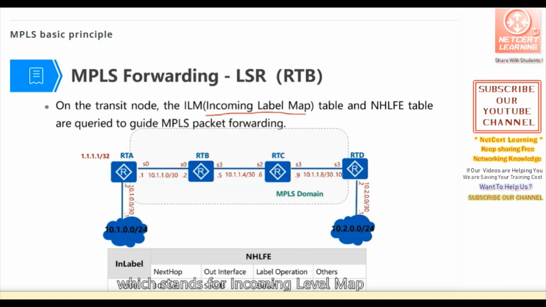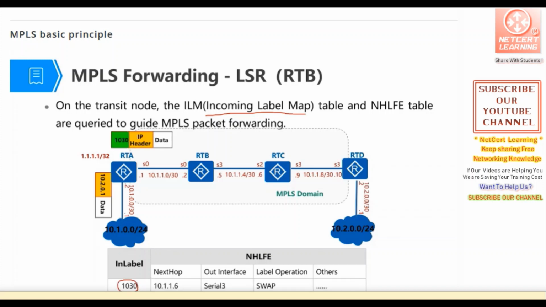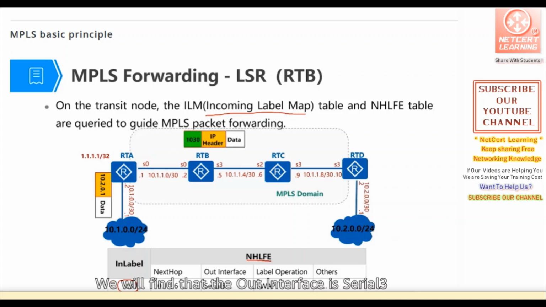In this incoming label map table, we just search the in label, because router A sent a packet to router B and the in label is 1030. So we will find the NHLFE of this in label. We will find the out interface is 0/3 and the label operation is swap.